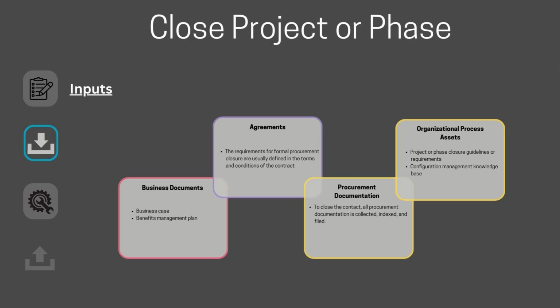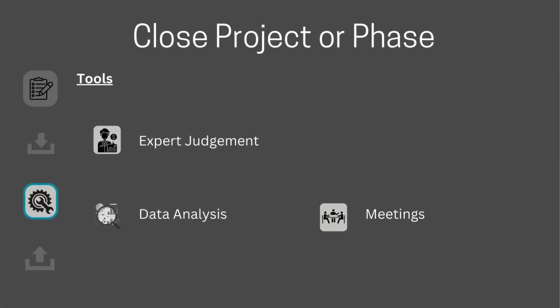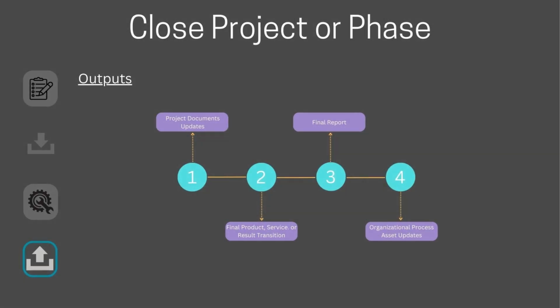Organizational process assets are also necessary. The tools used during the close project or phase process would include expert judgment, meetings, and data analysis. The outputs of the close project or phase process would be project document updates, the final product, service, or result transition, the final report, and updates to operational performance information.